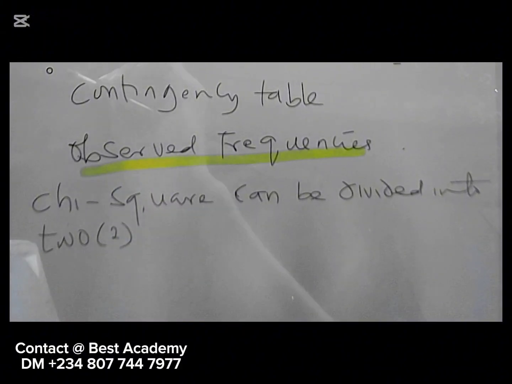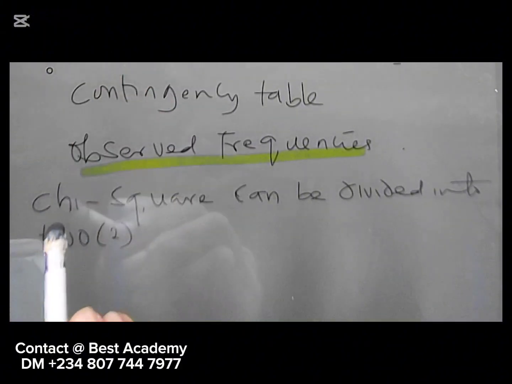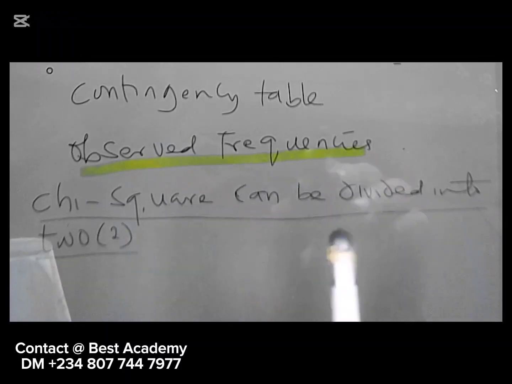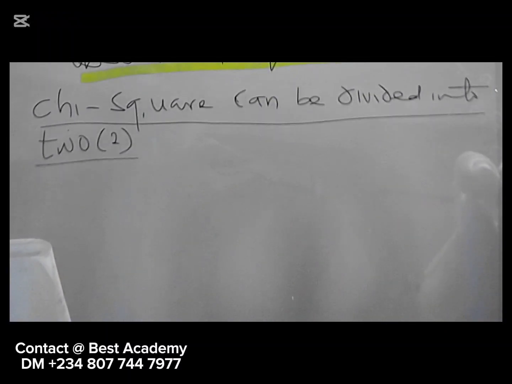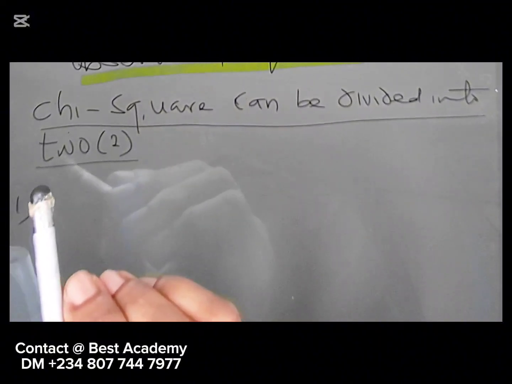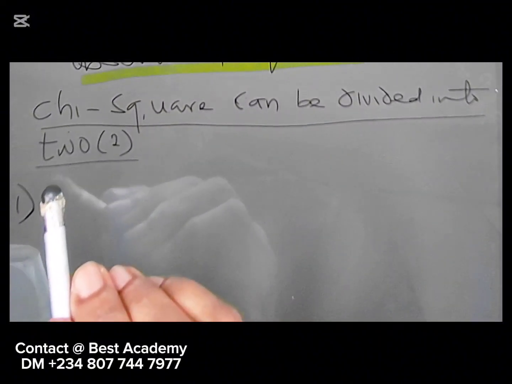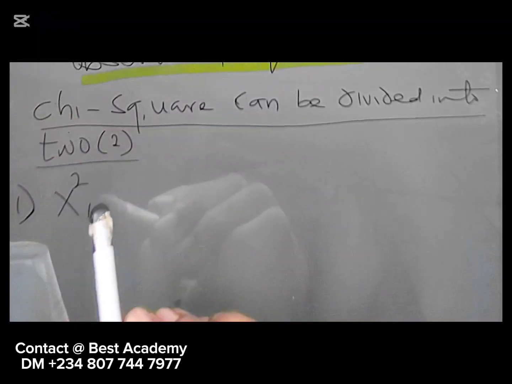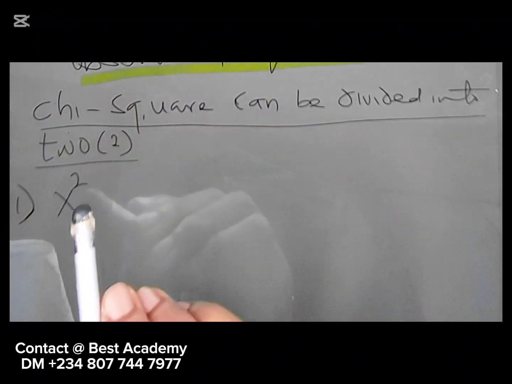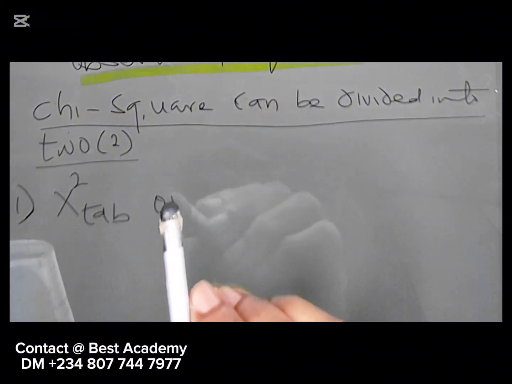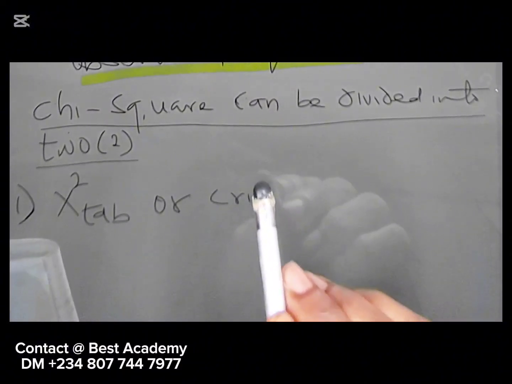Now let's consider the two aspects of chi-square. The first one is chi-square tab. The word tab stands for tabulated, and you can also call it chi-square critical.